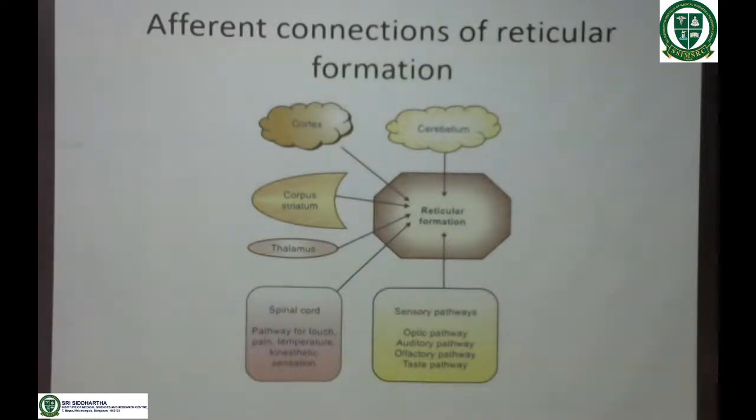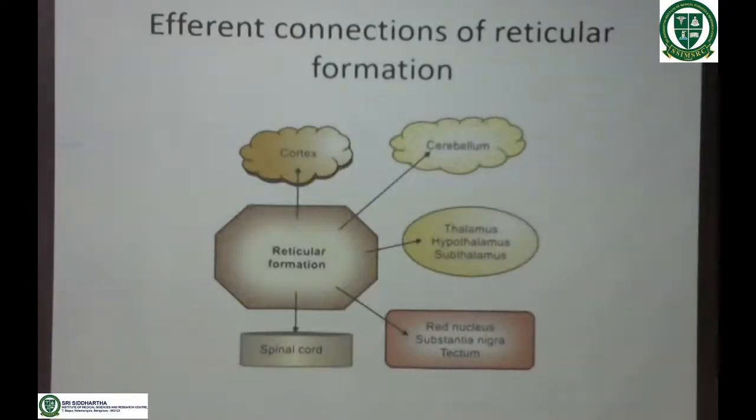This is the reticular formation; from the cerebellum, it has an input from the cortex, corpus striatum and thalamus. From the spinal cord, it is the ascending sensory pathways for touch, pain, temperature and kinesthetic sensation. And from the special senses, the optic, auditory, olfactory and taste pathways. If you remember this diagram, it's easier to write the afferent connections rather than writing in a flowchart or theory form.